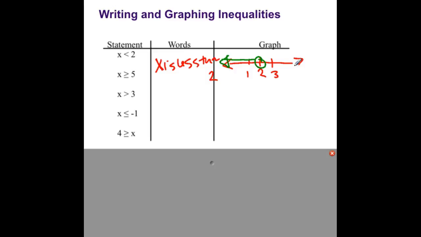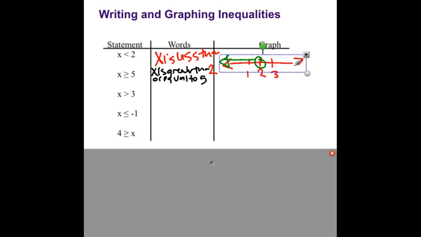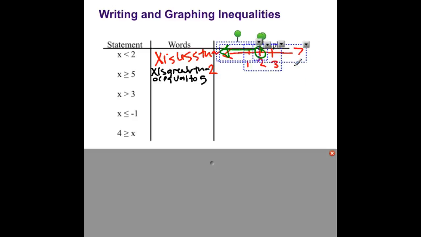Now x is greater than or equal to 5 is the next one. When we create our number line for that one, once again, our number line needs to have 5 on it, but then it really just needs to have a number above and a number below.